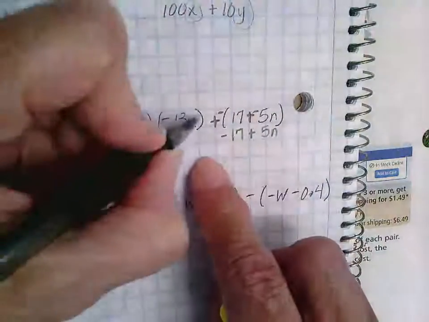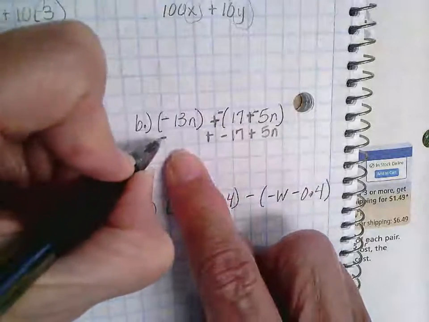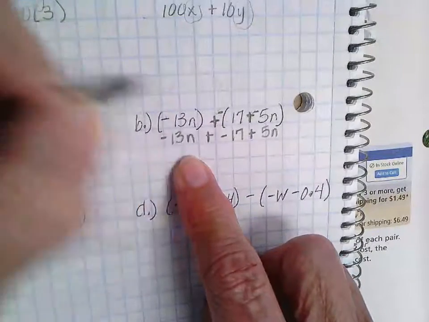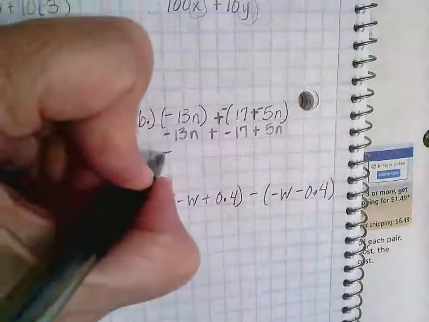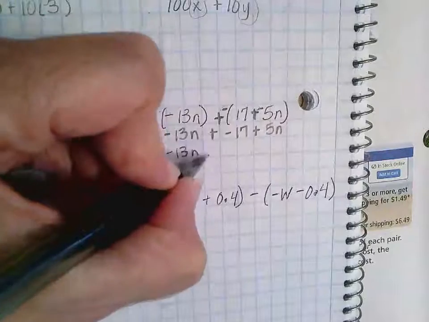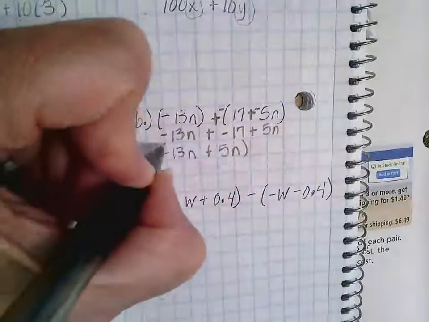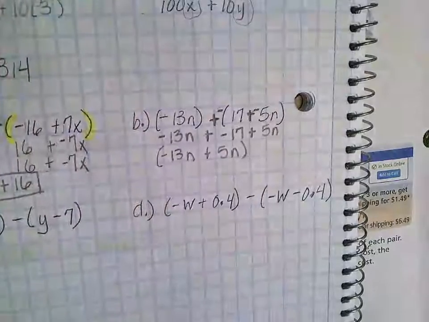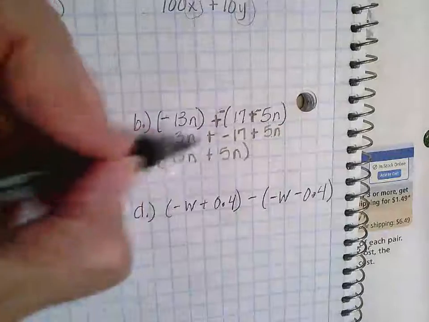And I'm adding. And I have a negative 13n. So now I'm going to combine like terms. I have a negative 13n plus a 5n. Those things are the same, so I'm just putting parentheses around them to show that they are similar, and I'm going to work with those together.